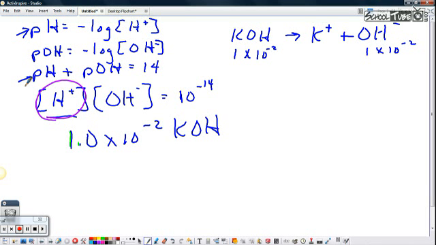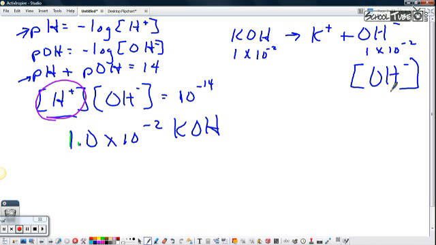Do I have any of them that is going to use that directly? Not by itself. So when I know I need to get pH, and I look at the 2 equations with pH in them, there's only 2 that have pH in them, right? And neither one of them have that OH concentration.